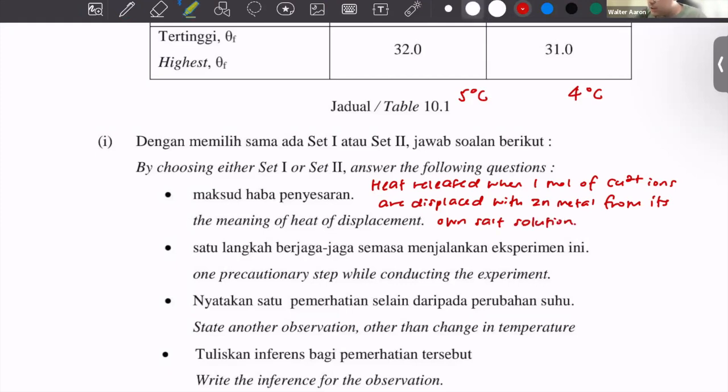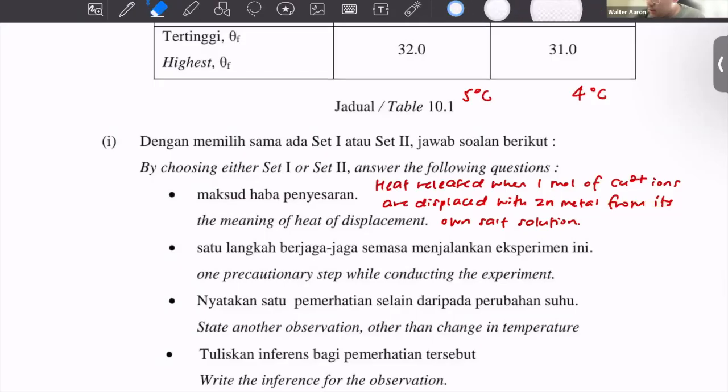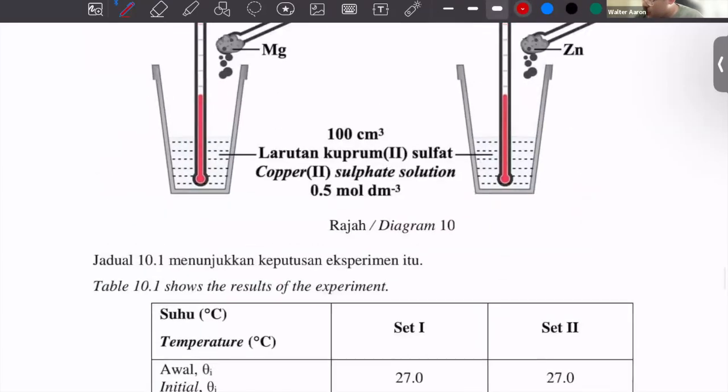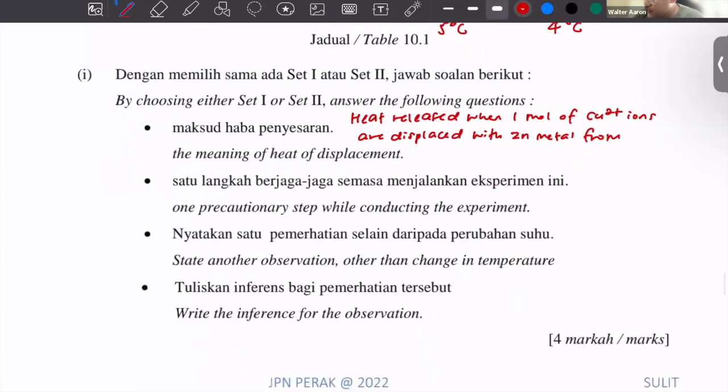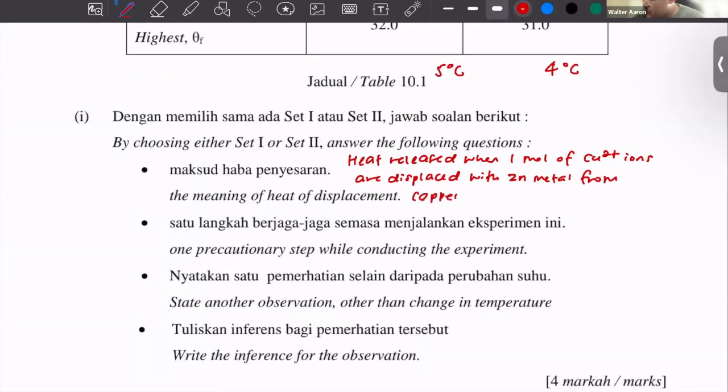If you want to be more specific, you can also say from copper(II) sulfate solution.